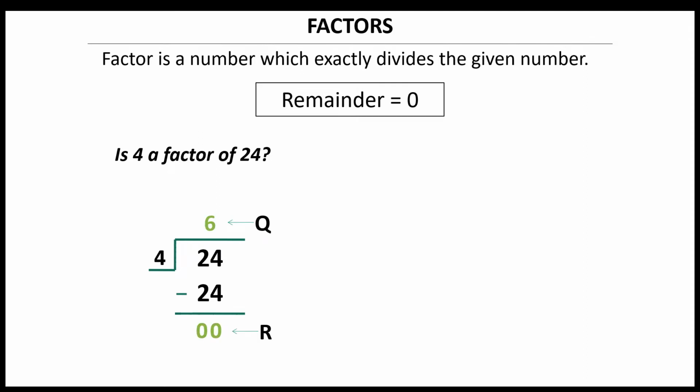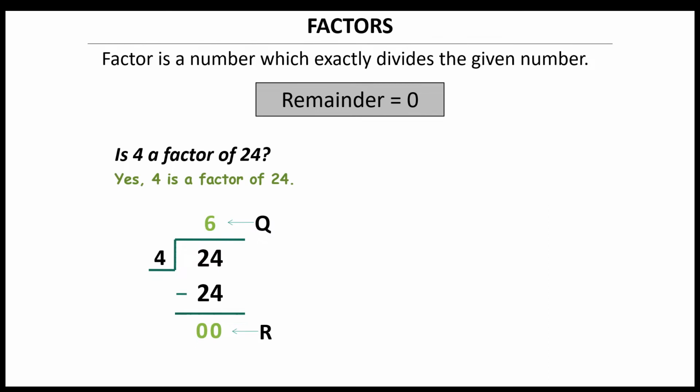So what does this imply? After the division, if the remainder is equal to 0, it tells us that the divisor is a factor of the dividend. So we say that 4 is a factor of 24. It also means 24 is divisible by 4.